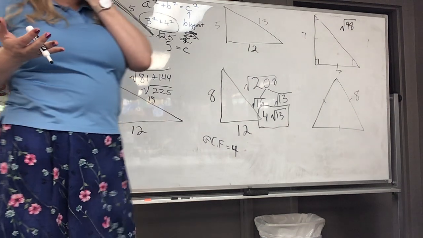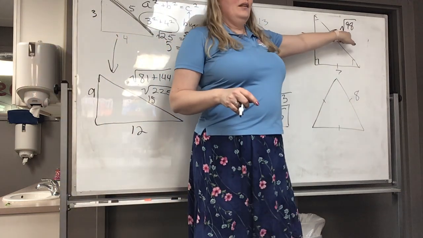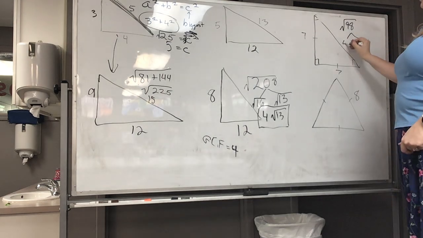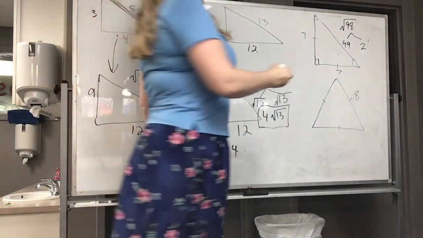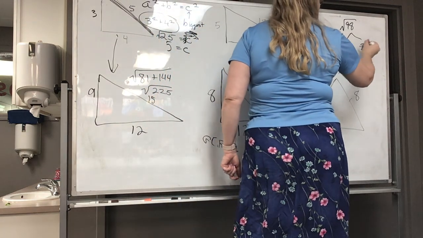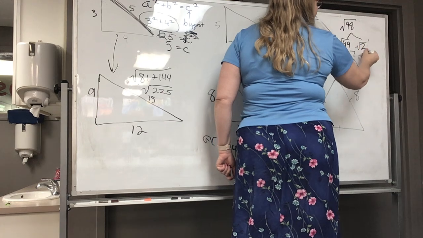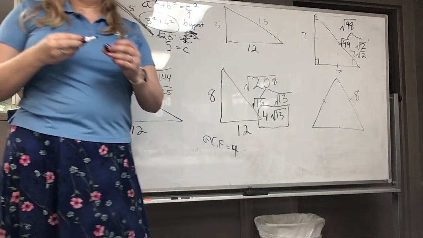What was 7 squared again? 49. This 98 just came from having two 49s, right? That's how we ended up there. And so this is the square root of 49, which is back to that 7, square root of 2.